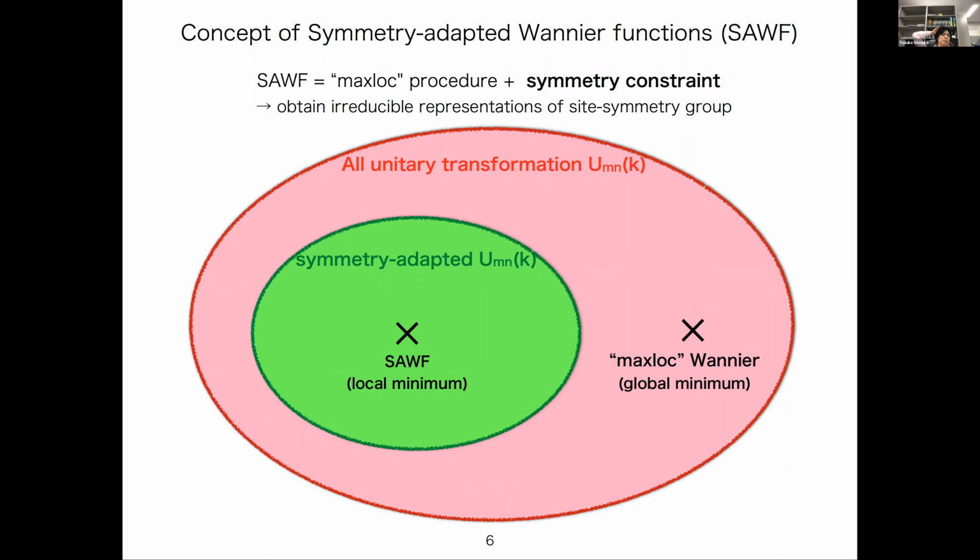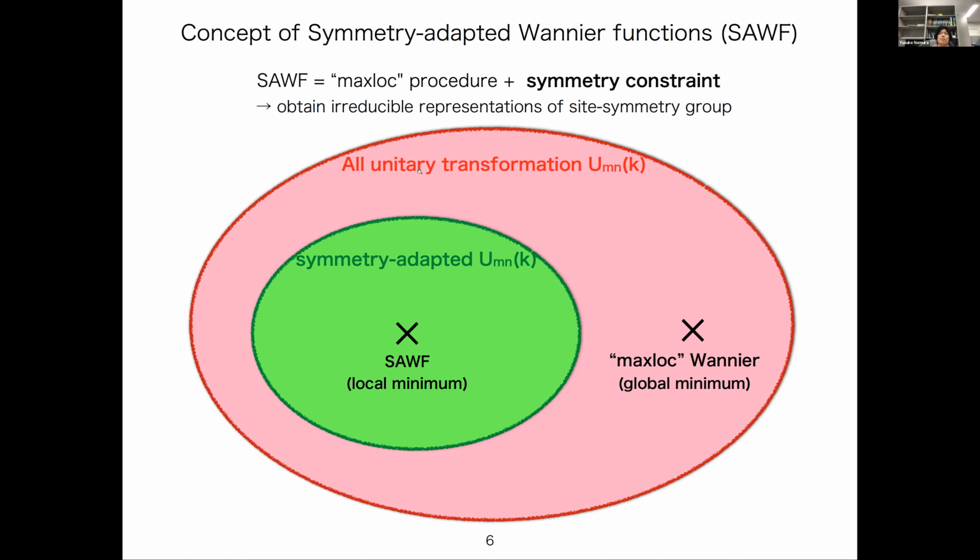Then again, let me explain the concept of the symmetry-adapted Wannier functions in a more naive way. The symmetry-adapted Wannier function is given by the maximal localization procedure plus a symmetry constraint, and we obtain the irreducible representations of the site symmetry group. Naively, we can understand the concept using this figure.